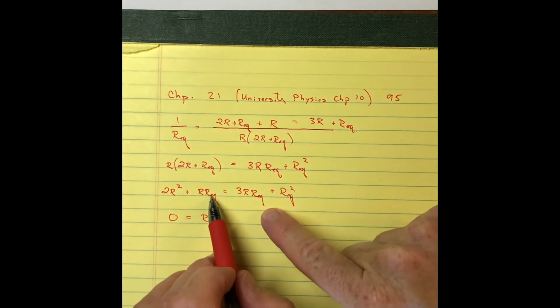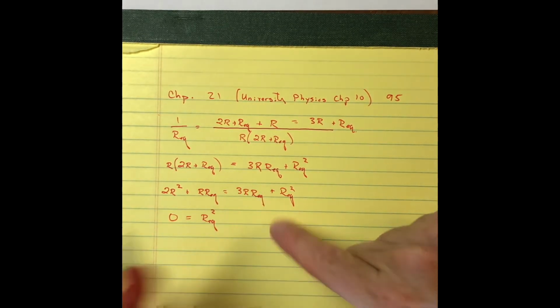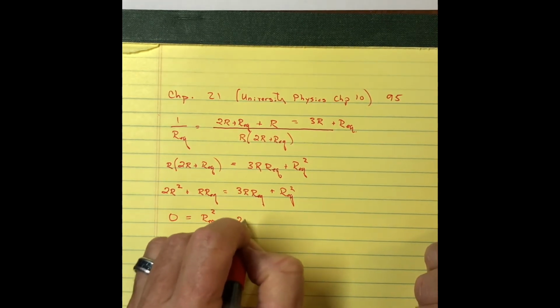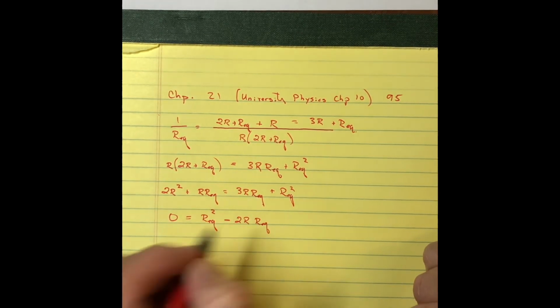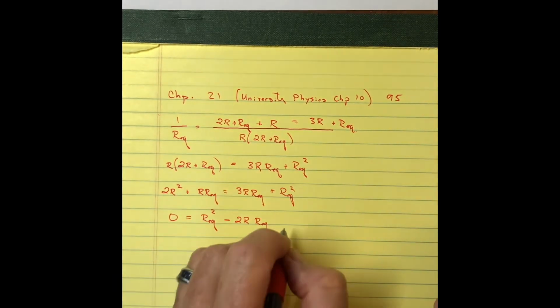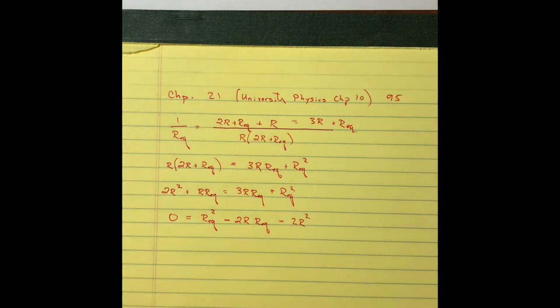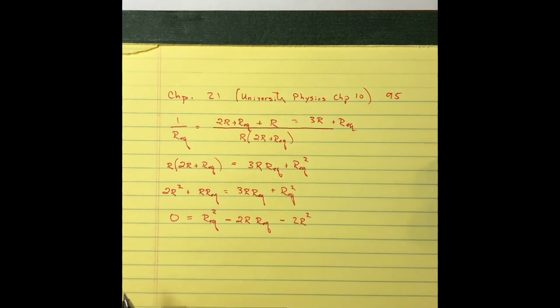And it looks like when I bring this to the other side, I'll subtract an R, so this would be 2R equivalent. And when I bring this over to here, it's minus 2R squared. Okay. Now, I just use the quadratic equation.